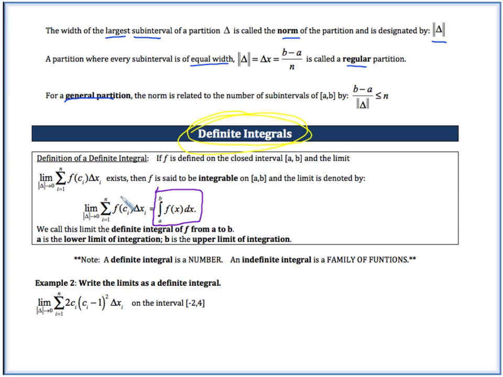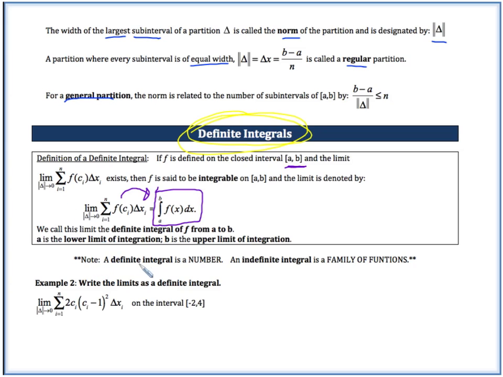So this limit changes into the definite integral from a to b. Now a is the lower limit of integration and b is the upper limit of integration. So notice this a to b corresponds with the closed interval that we were using in the previous sum.